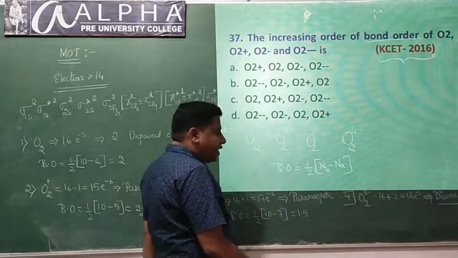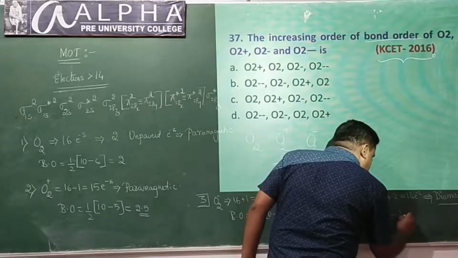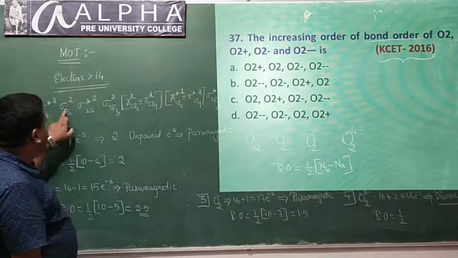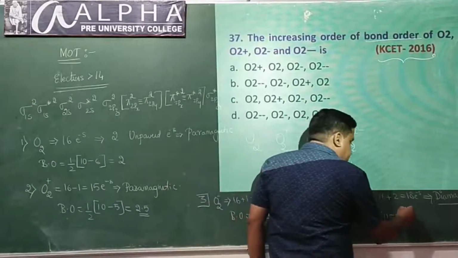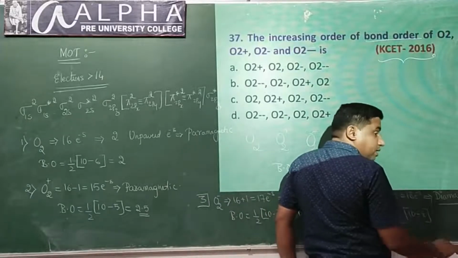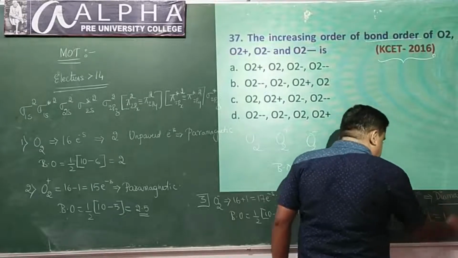That's correct. So can we calculate the bond order? Bond order is equal to half of the number of bonding electrons, 2, 4, 6, 8, 10. So 10 minus remaining is 8. So 10 minus 8 is, sorry, 2. Half of 2 is 1. So the bond order for this species is 1.